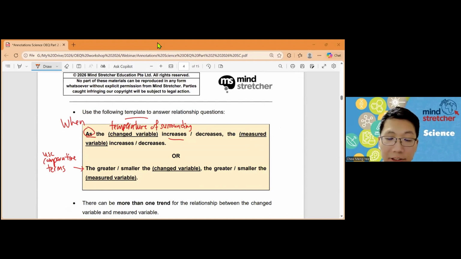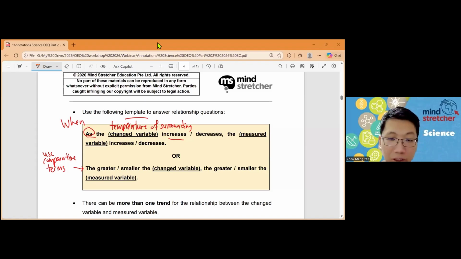Okay, Kaden, your science teacher told you that there will always be more than one trend in the PSLE. I won't say I totally agree with your teacher. I mean, there's a high chance that there is more than one trend, but I won't say for sure 100% it's going to be two trends, because I'm not the setter. They can choose to give you one trend. It is still within syllabus.